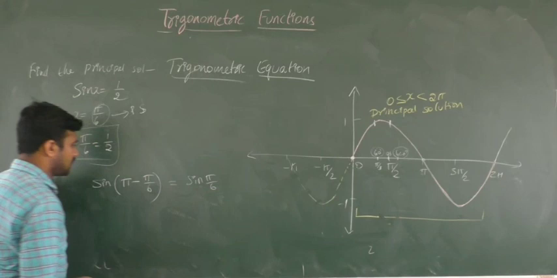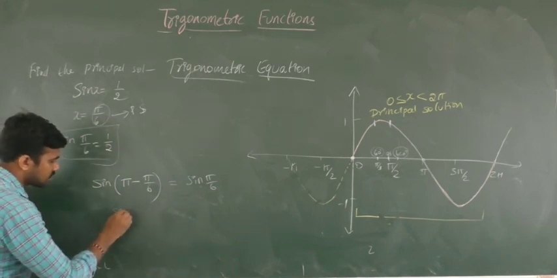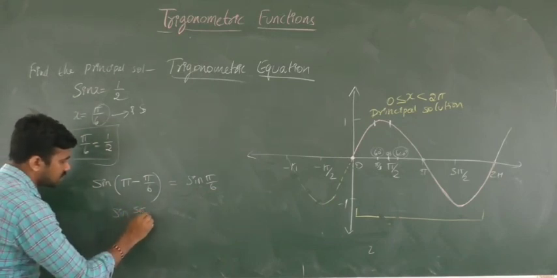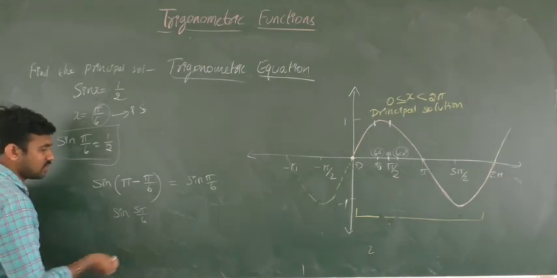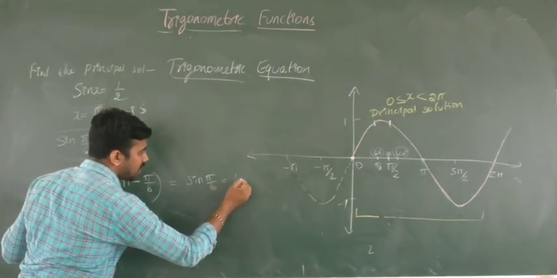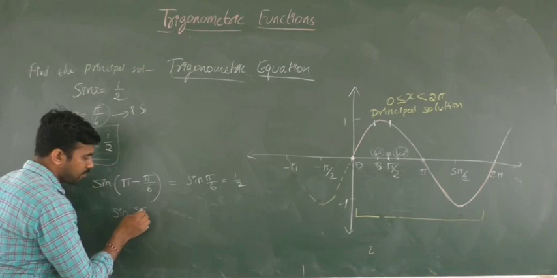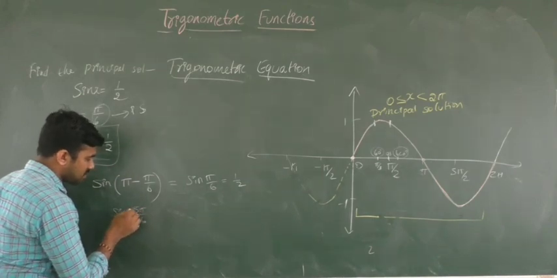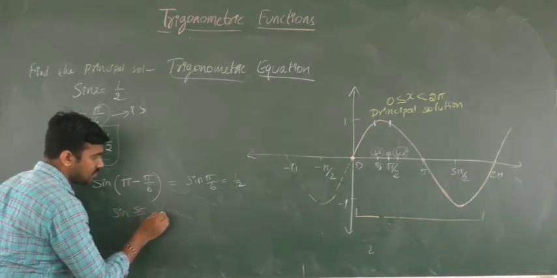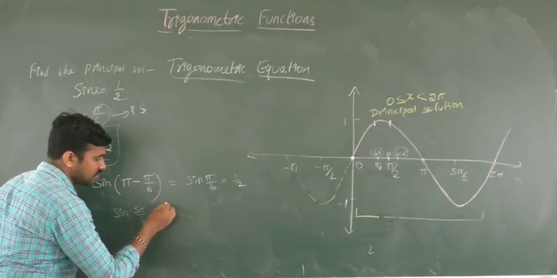Sin pi by 6. But sin pi minus pi by 6 means what? 5 pi by 6. So sin pi by 6 is nothing but half, so sin 5 pi by 6 is also equal to sin pi by 6, which is equal to half.